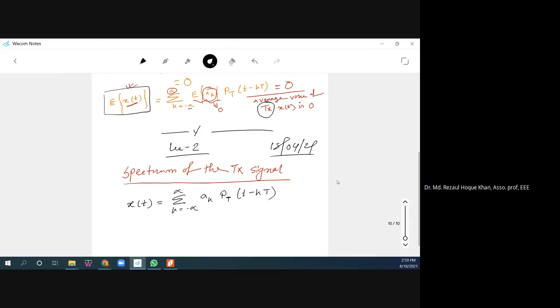So it's a shifted pulse by kT, and a_k is the kth signal. Because of this randomness, this x(t) becomes random, right?